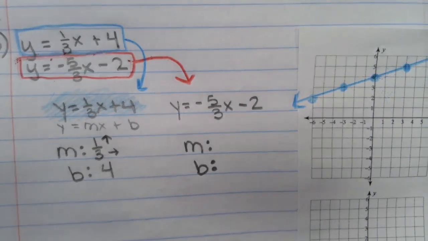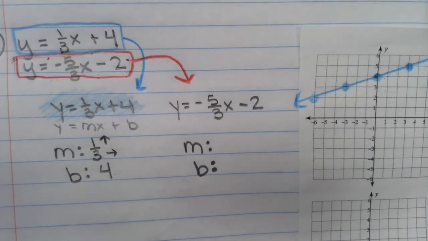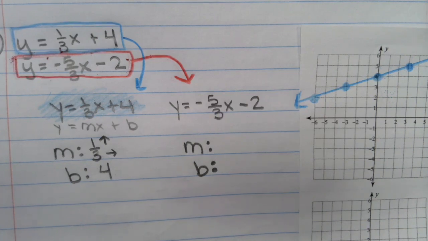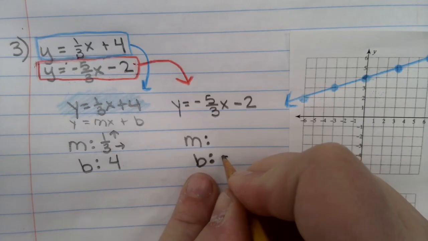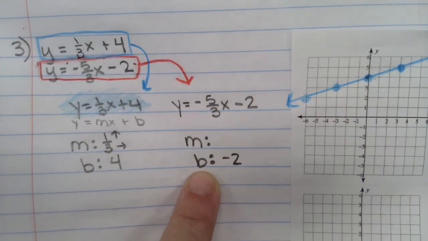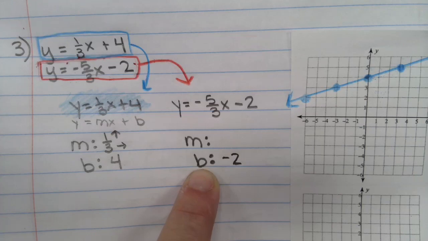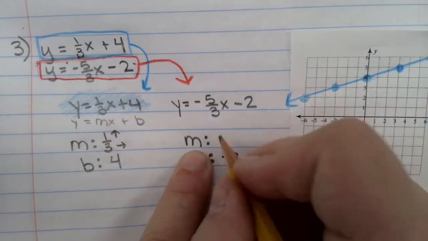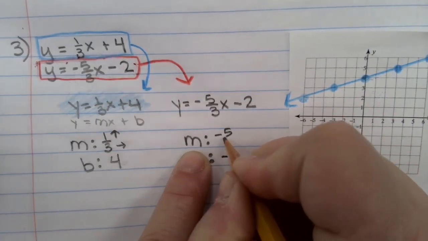Think about that first. Good. Which one is my b? Negative 2. Good. Okay, and then my m, negative 5 over 3.